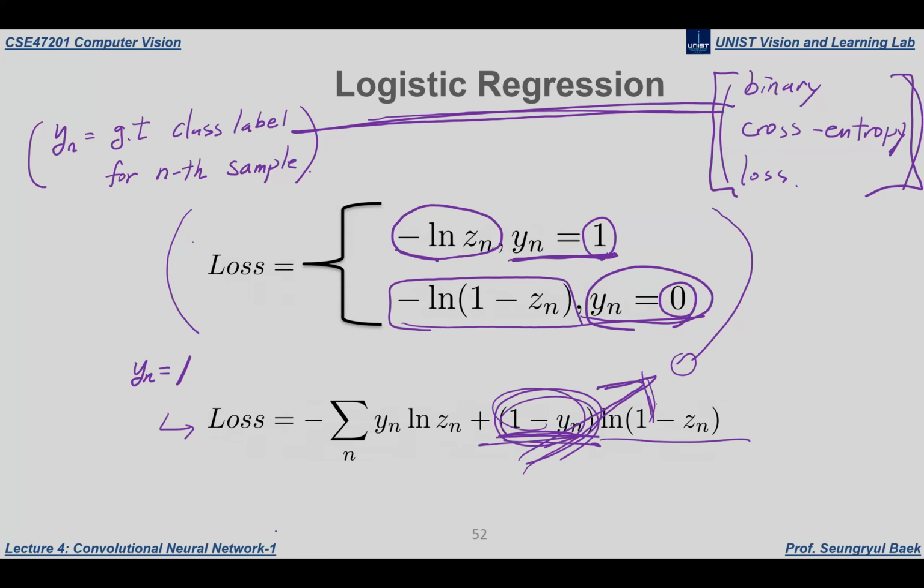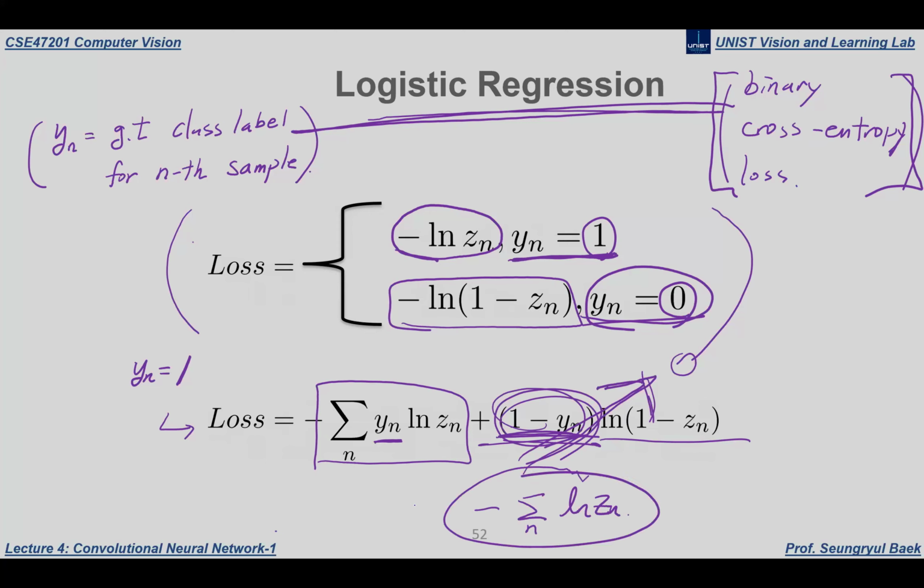So this term entirely goes to 0, and only this term remains, and because yn is 1, this becomes like this. Are you guys agree with this? So for the nth sample, we will apply only this ln zn. That's actually the same as this: when the nth sample's label is 1, we will apply minus ln zn for that sample.